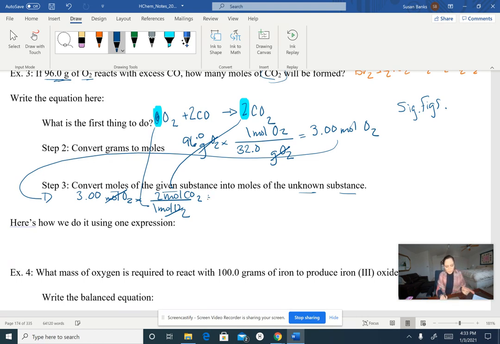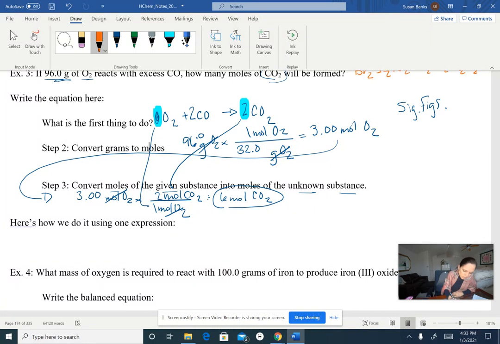So 3 times 2 is 6 divided by 1 gives me 6 moles of carbon dioxide is what I'm going to be able to produce. Now, do you think we can string all of that together in just one big expression? We sure can, and it makes it a lot easier if we do it that way.